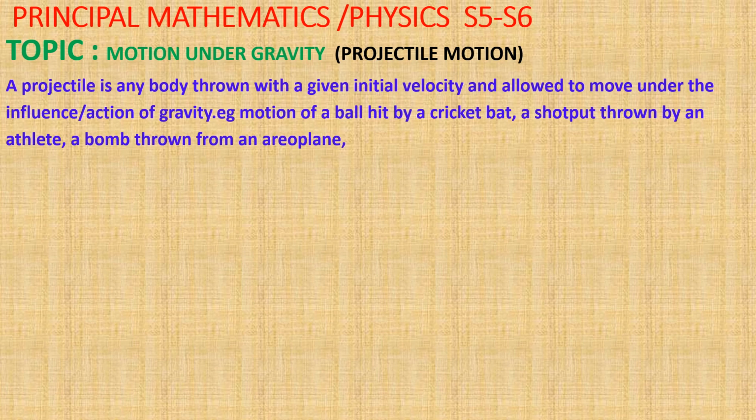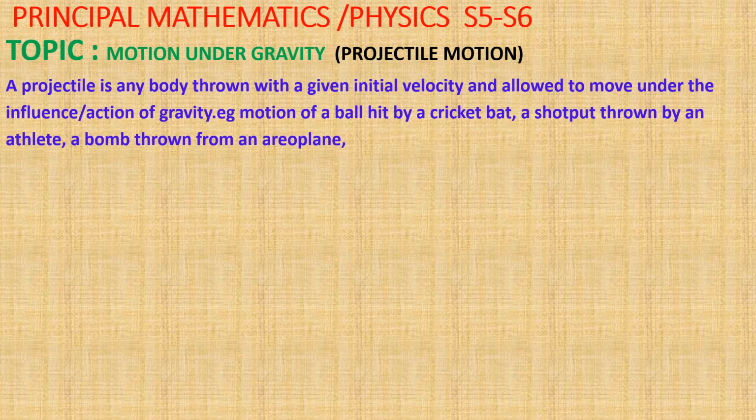You can talk of a shot put thrown by an athlete, a bomb thrown from an aeroplane, or a ball taken as a free kick from a certain sport. All those are some of the examples that can give us an image of a projectile.